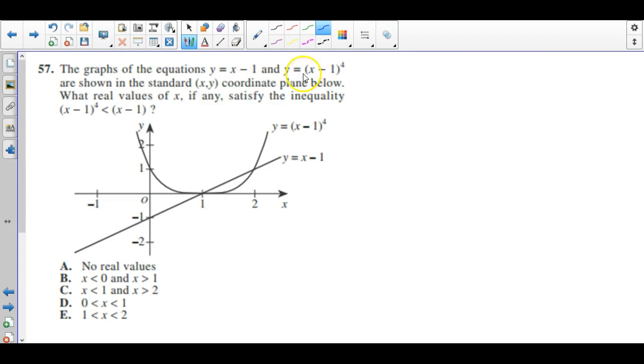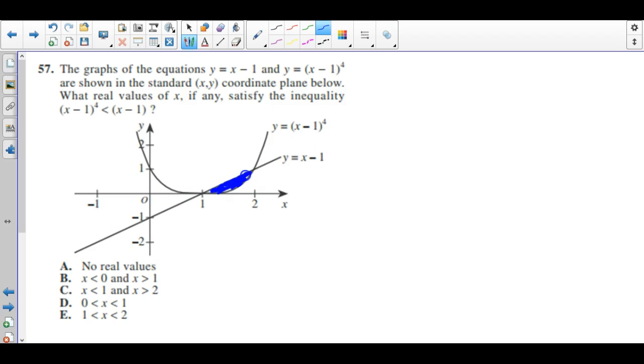Alright. We have 2 equations shown on this graph here. What are the real values of x that would satisfy this inequality where it's saying where would this top function give me a value that would be less than the bottom function? So that's basically looking at the gap between these 2 functions. Okay, we want to know where the parabola looking function, and that's the one with the x to the 4th, we want to know where that looks like it's going to be less than my line.